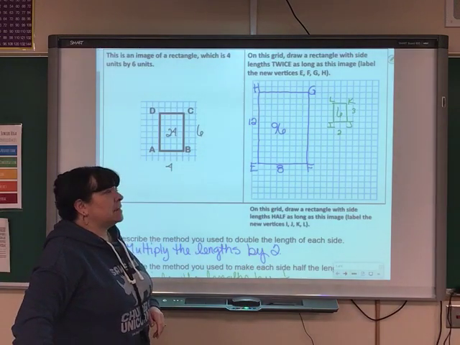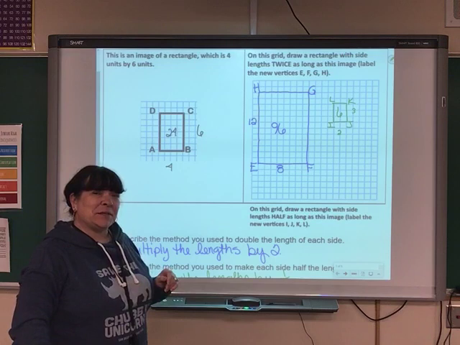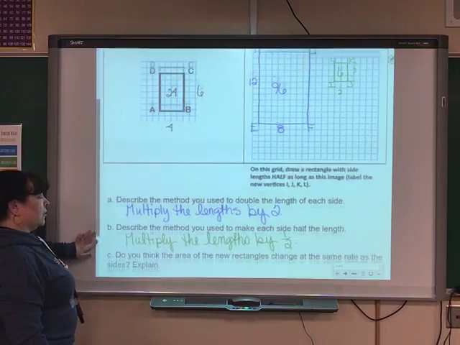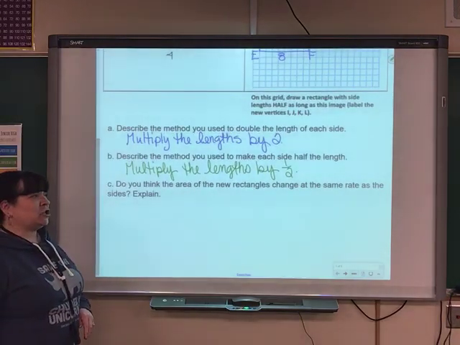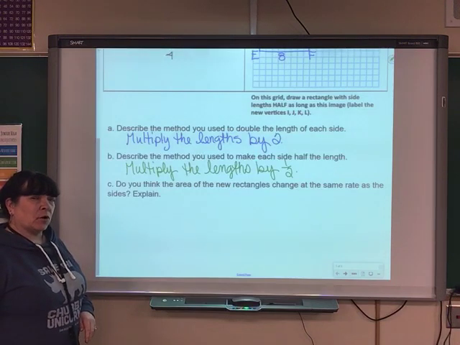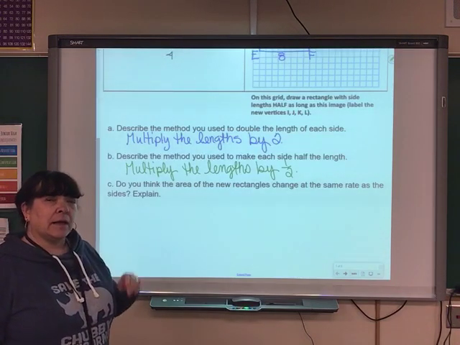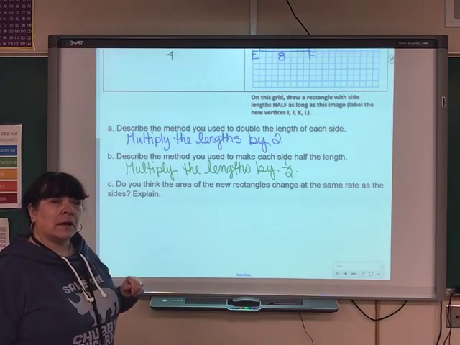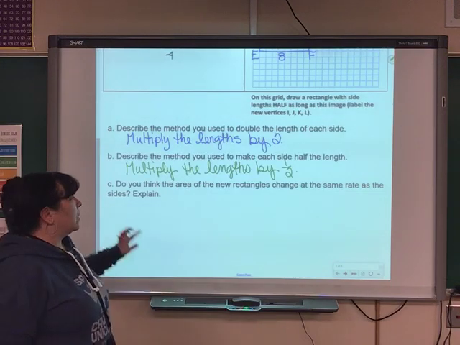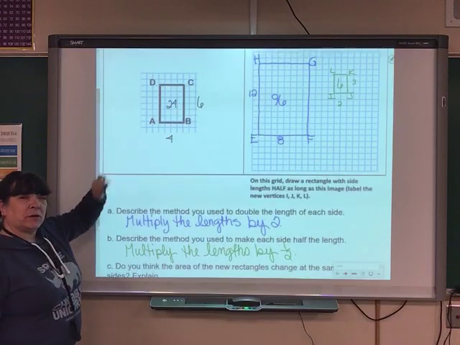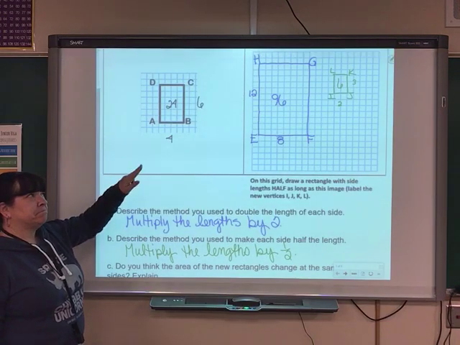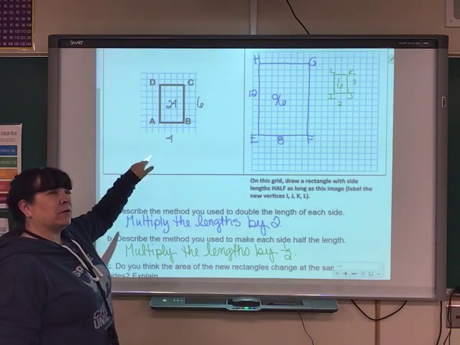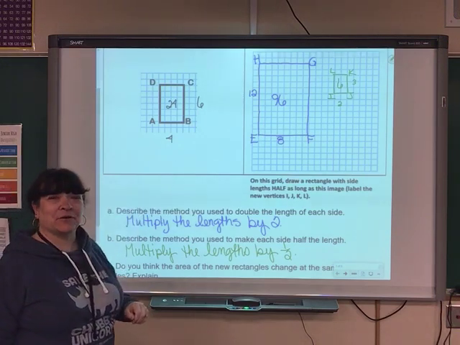As we look at those, notice there's a little bit different relationship coming up here. So if we're thinking about area, our question says, do you think the area of the new rectangles change at the same rate? Remember, a rate is a ratio. Is it going to be the same as doubling it or halving it? Well, it doesn't look like it, because if I were to double 24, I would get 48. Yeah, 96 is quite a bit bigger. If I were to halve 24, I would get 12, and 12 is bigger than 6.